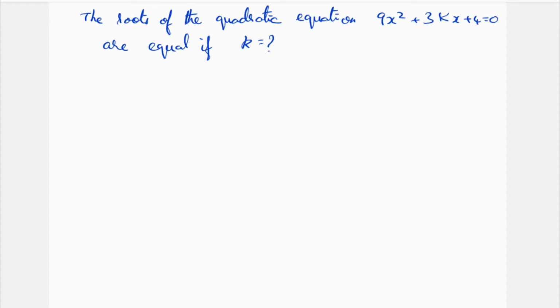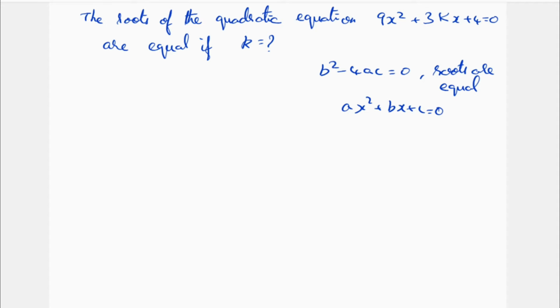Now we know that from the quadratic formula, if b square minus 4ac equal to 0, then roots are equal, where the quadratic expression is of this form: ax square plus bx plus c equal to 0.